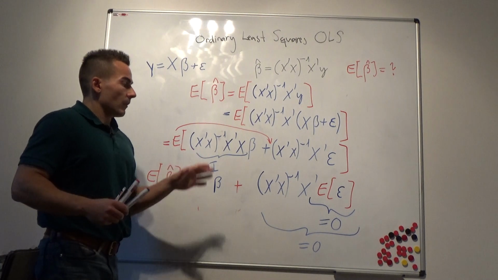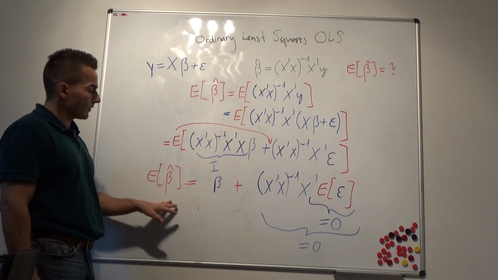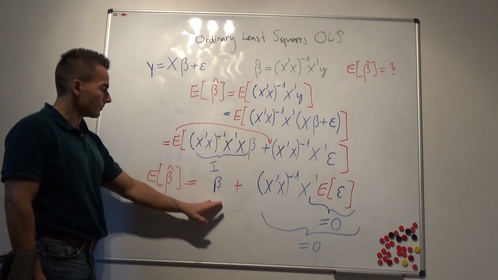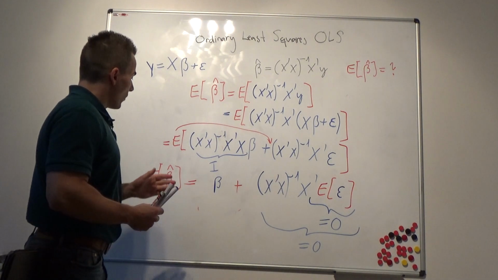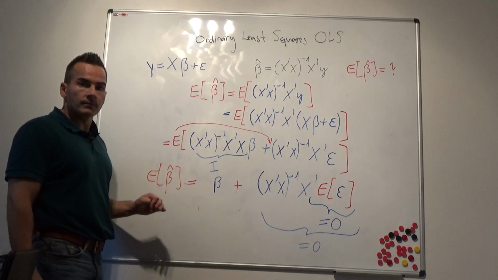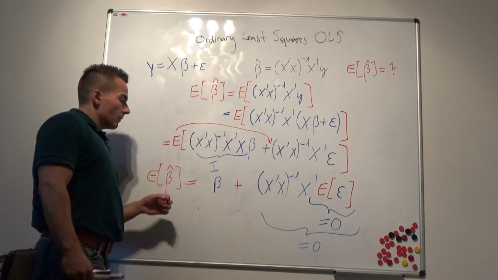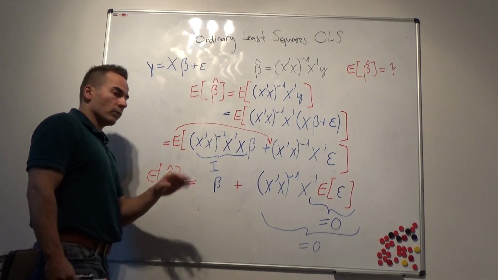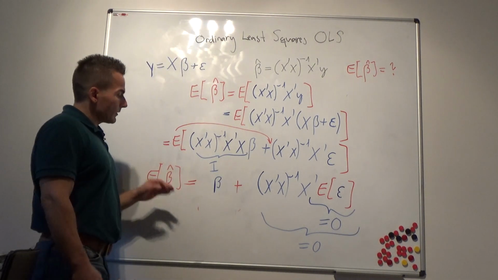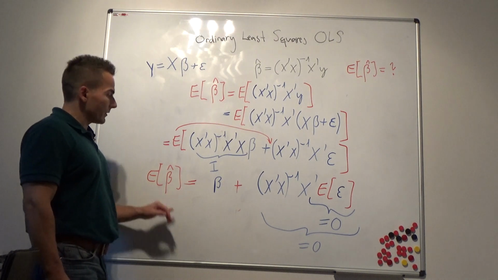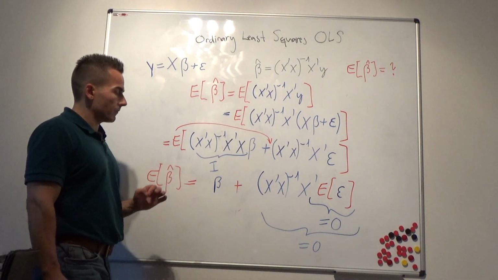That means the expectation of our OLS estimator is beta. The expectation of beta hat is beta, which means that our point estimator is unbiased. It gives us on expectation the correct point estimates. Of course with a small error margin, because we have to derive the distribution as well, but the expectation of our point estimator is beta, so it's unbiased, which is a very important property.